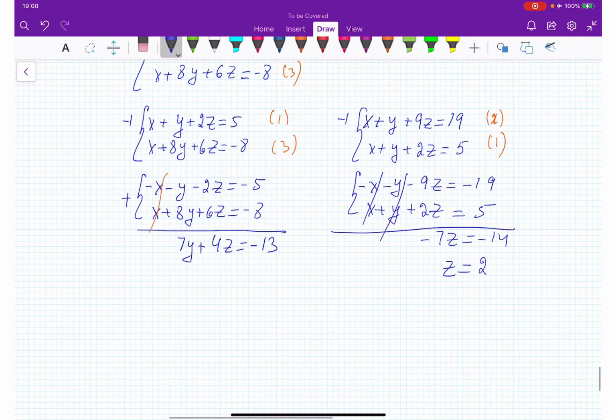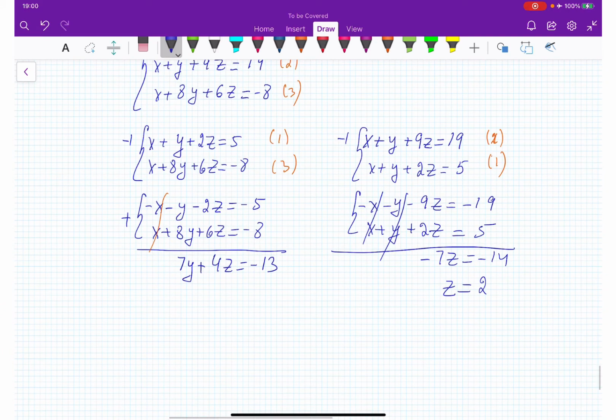Okay, since two variables disappeared, we got z equal 2, then I can plug this z into this one. Let me mark it as 4, plug this z in equation number 4 and get y.